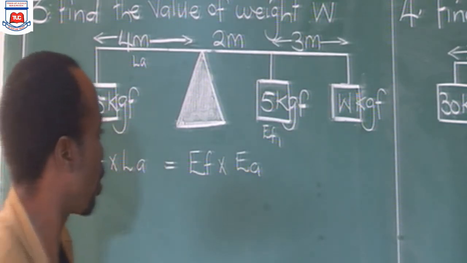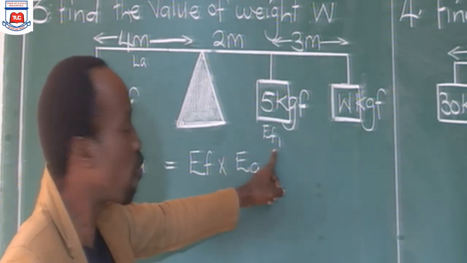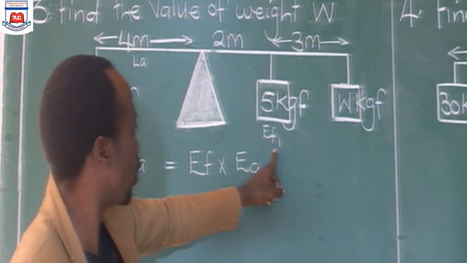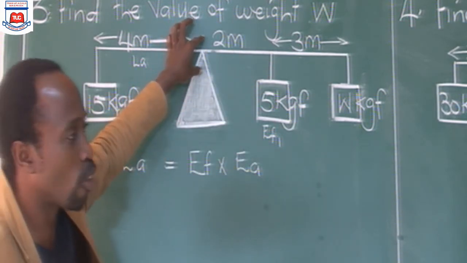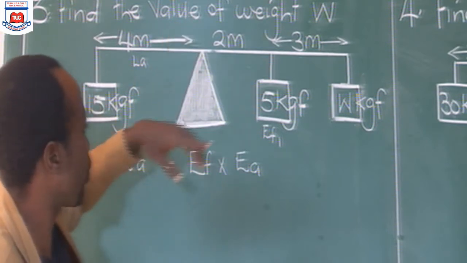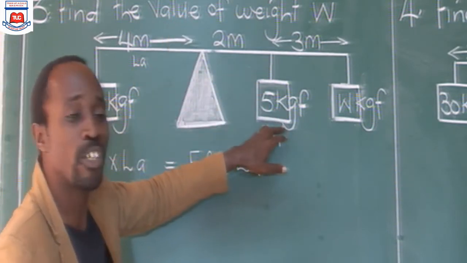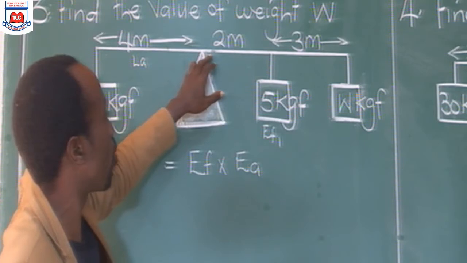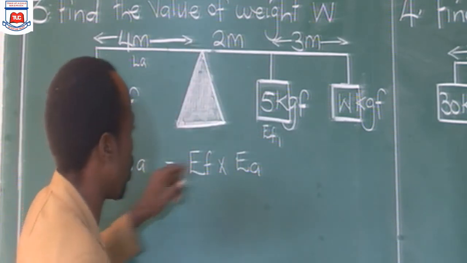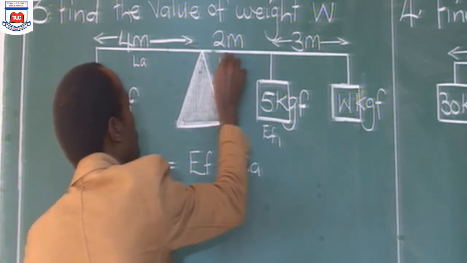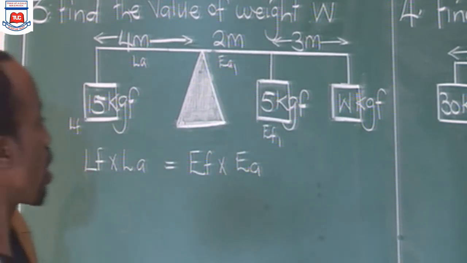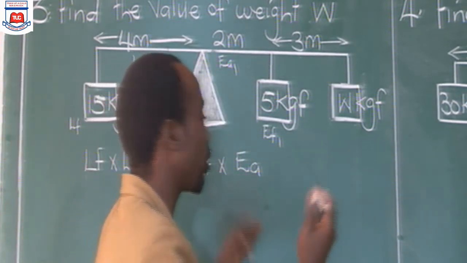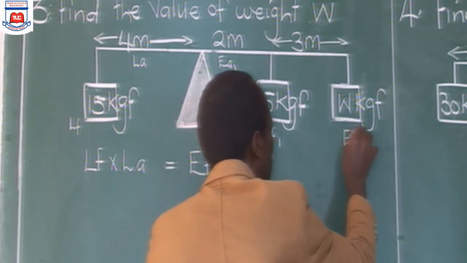Don't forget. What is the distance of effort force 1 from the pivot? Remember, the pivot is our turning point. You can also call it the fulcrum, okay? The distance of effort force 1 from the pivot is 2 meters. That is effort arm 1, okay? Then effort force 2 is what the examiner requires us to calculate.